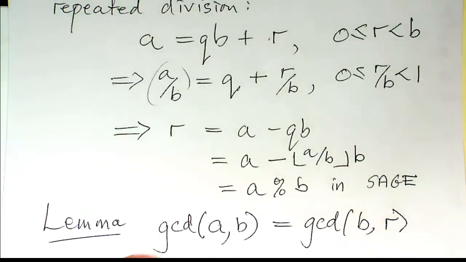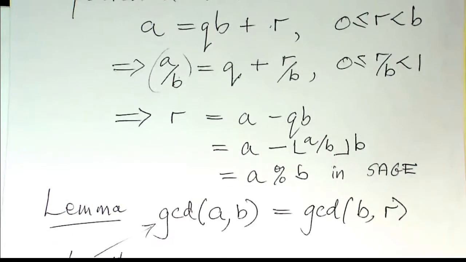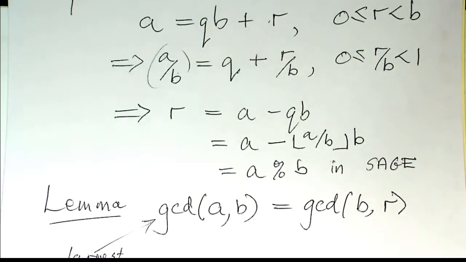So perhaps I should say here, the greatest common divisor of a and b means the largest integer that divides them both. We'll do an example in a moment. I'm not going to prove this, the proof is in the notes.